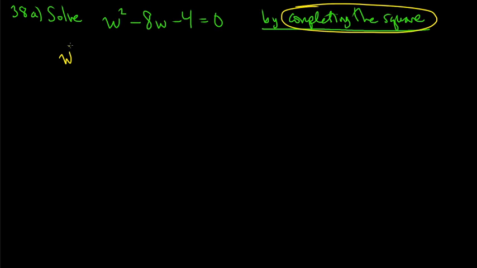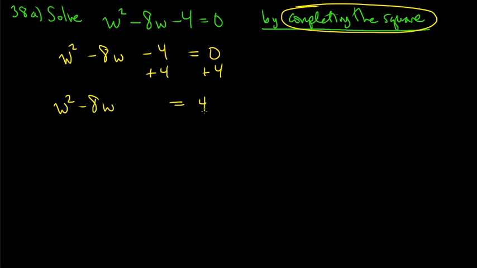So remember what completing the square involves. Right? This is already in standard form. A is already 1, so we don't have to divide by anything. What we want to do is add the 4 to both sides, right? And when we do that, it's true that this is no longer in standard form.